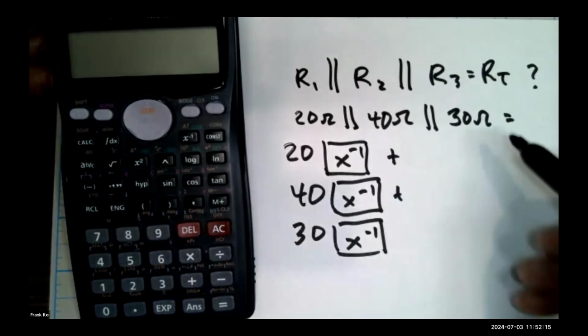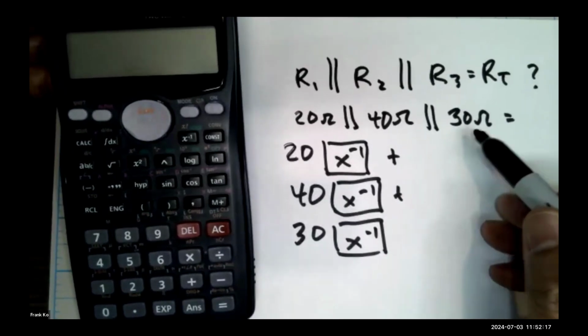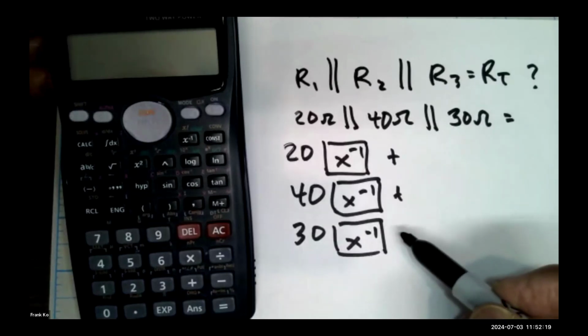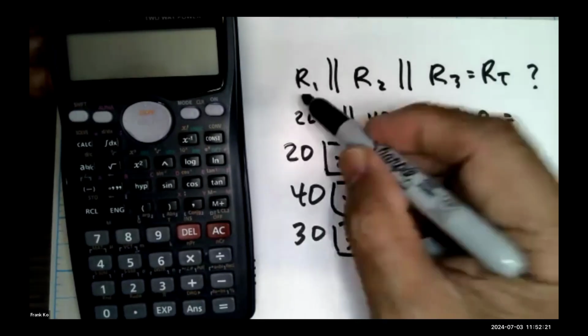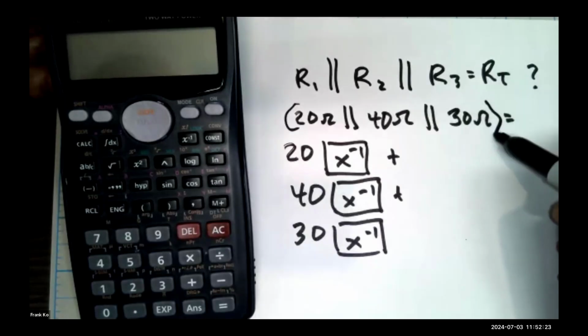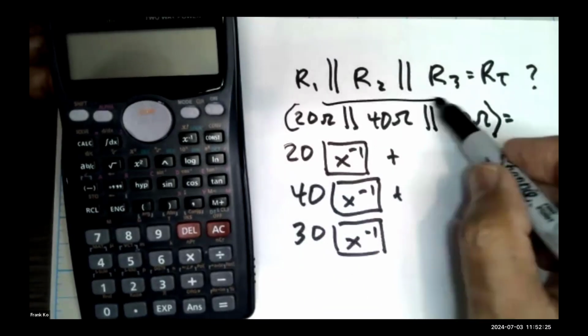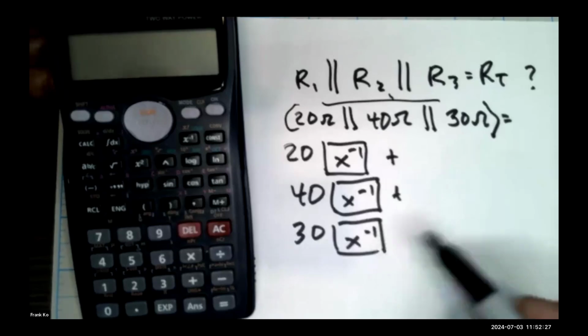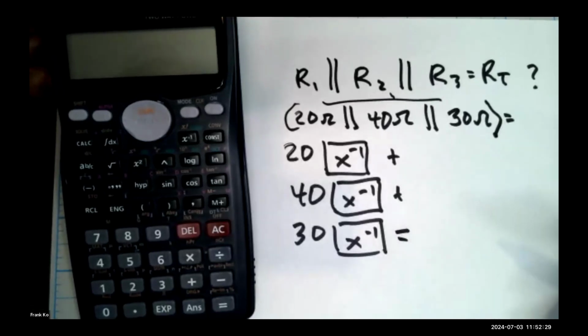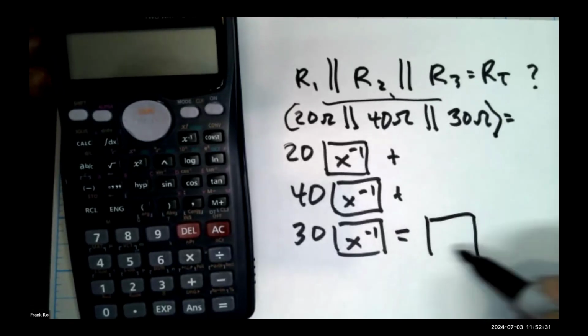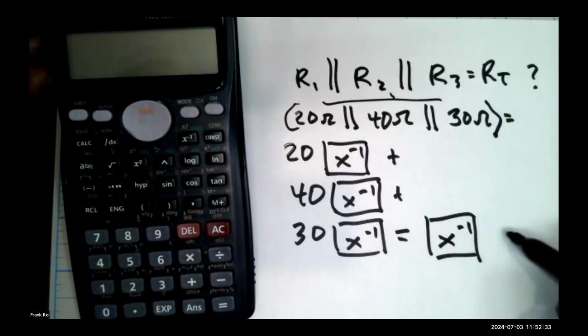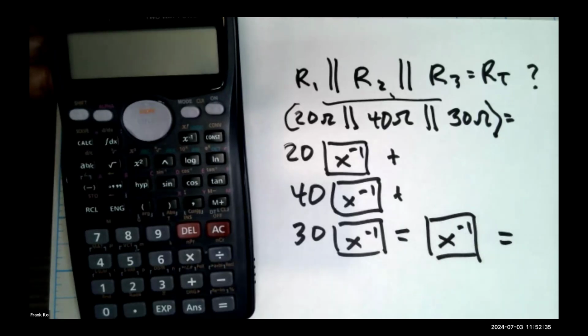Okay, now after the 30 ohms, you're not going to hit add anymore because you want to close out the denominator. Remember, all this was in parentheses, and then all of this was divided into 1. So you're going to hit equals. Then X -1 one more time and hit equals one more time.